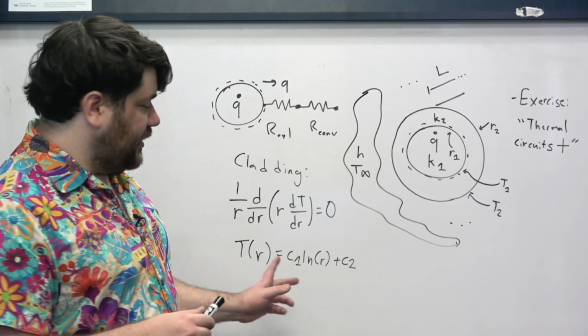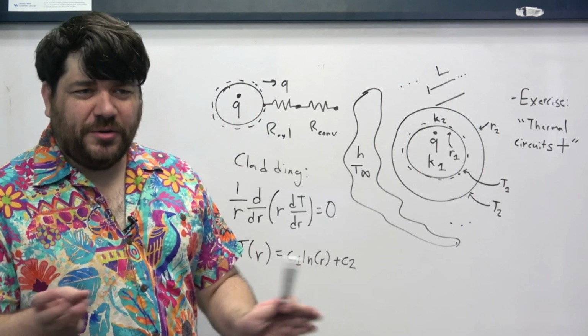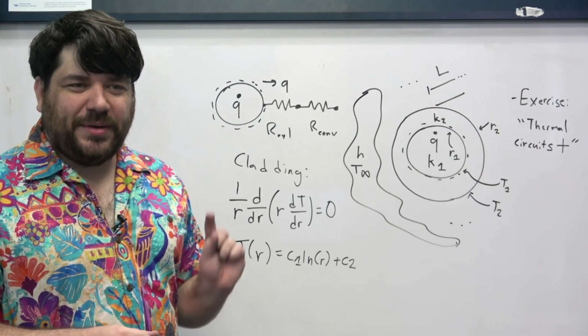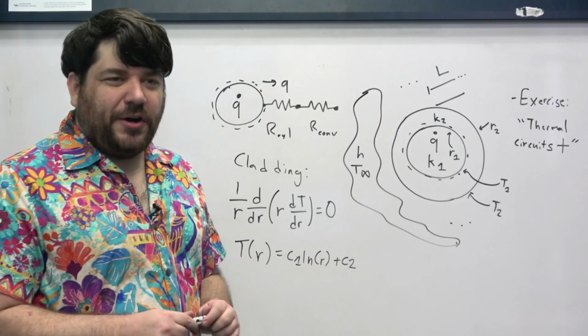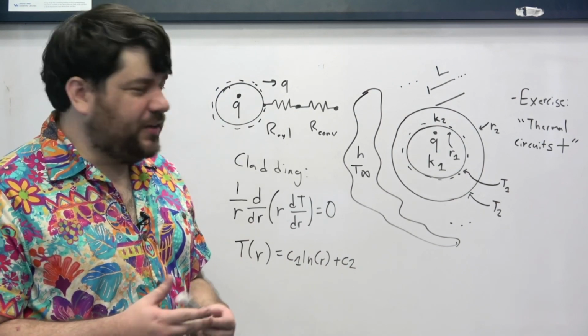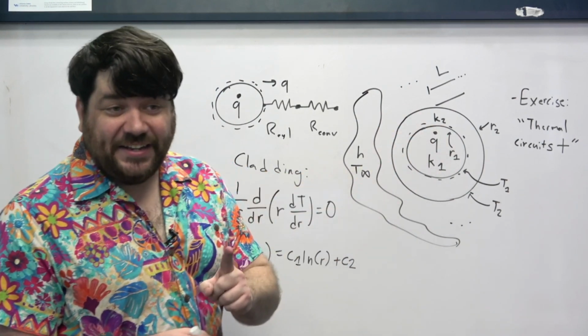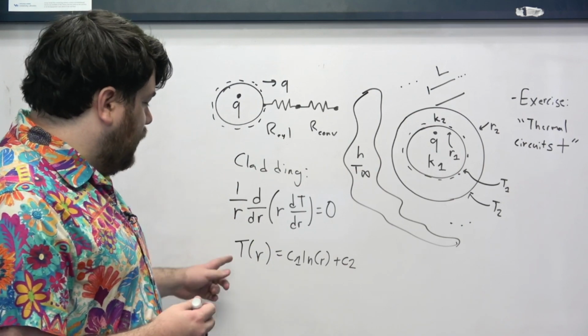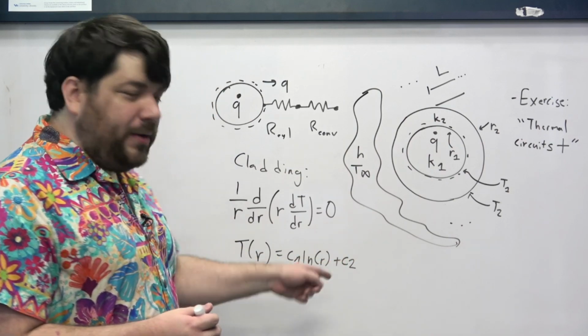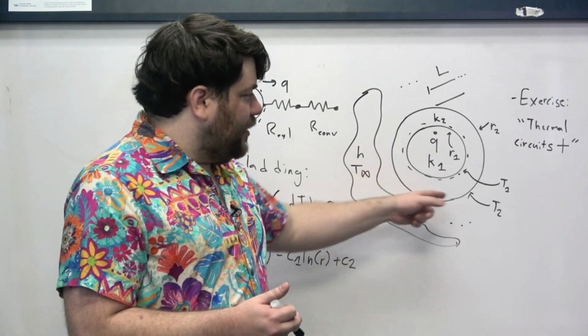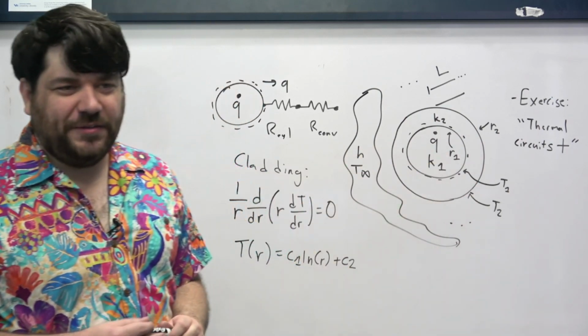The important thing to know is, do they matter? Are they not zero? Is there any gotcha? And from this perspective, there isn't, because C1 and C2 are determined based off of the boundary conditions that we can establish for the cladding. So we would say something like, the temperature at r1 has to be T1, and the temperature at r2 has to be equal to T2.